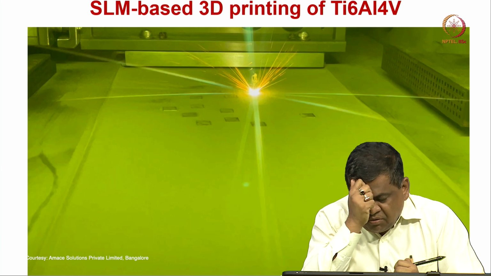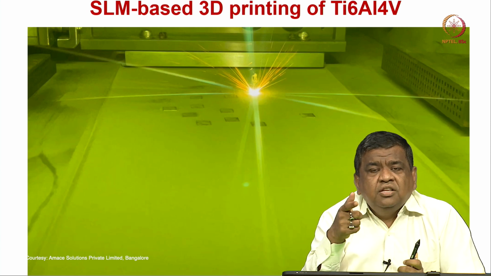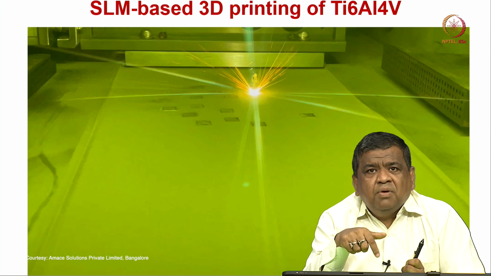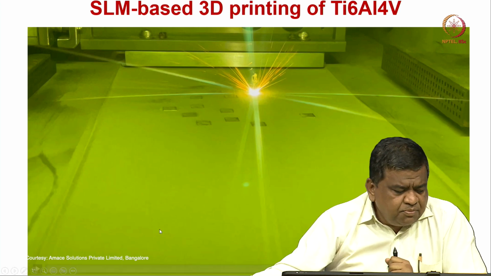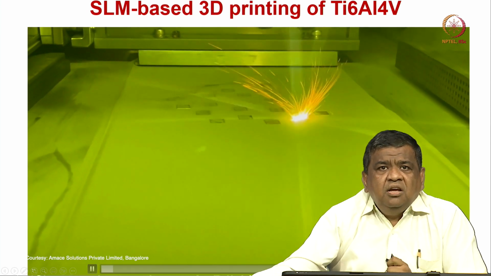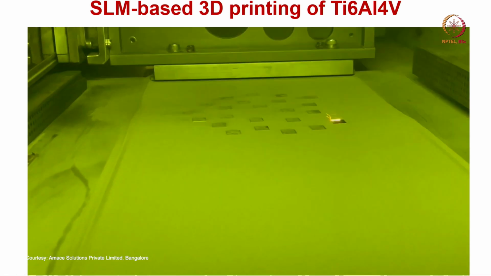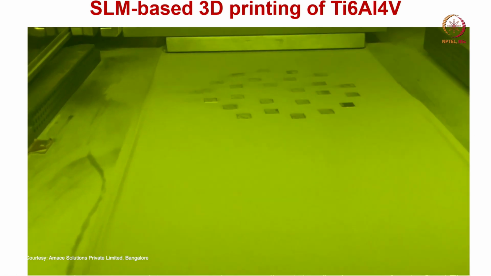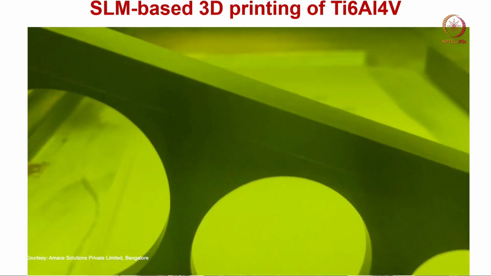Although this particular video was shown before, I thought that before I show you the microstructure, it is pertinent to show you this specific video again, to show how the laser beam interacts with the powder bed during the SLM process, and how the different components are manufactured in a layer by layer manner.